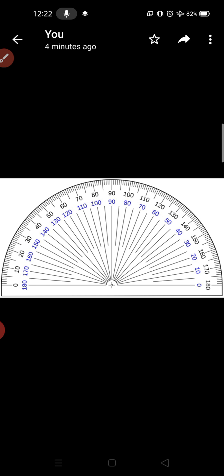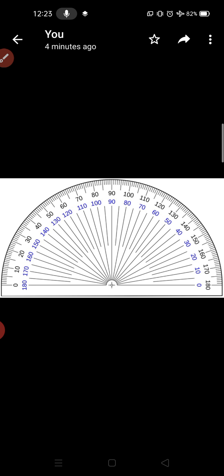So the marking starts from 0 to 180 on the right side and it ends at the left side, and vice versa. Means if 0 starts from the right side, 180 ends at the left side.